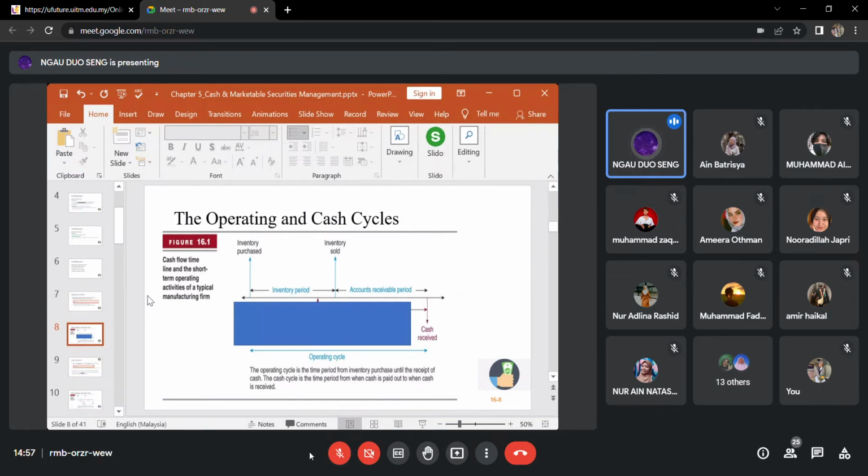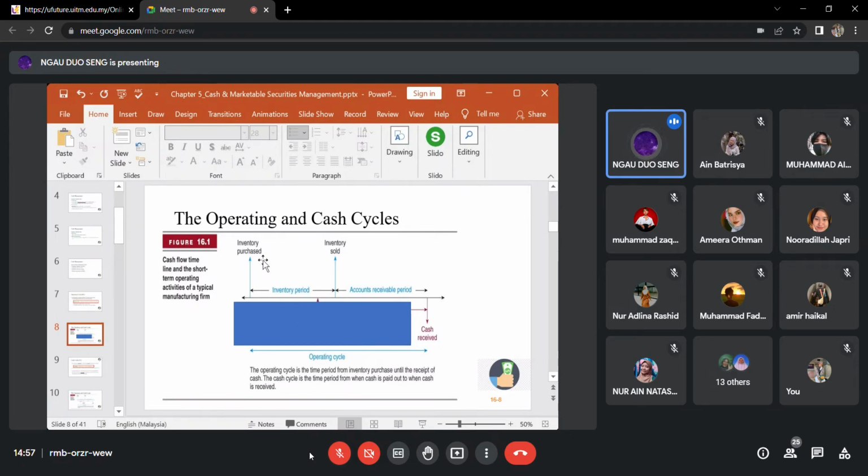Right, you can see here, contoh as I said here, inventory purchase. Inventory purchase, right, kat sini until you have received the cash, then this one kita panggil dia operating cycle. Right, you call this one operating cycle.